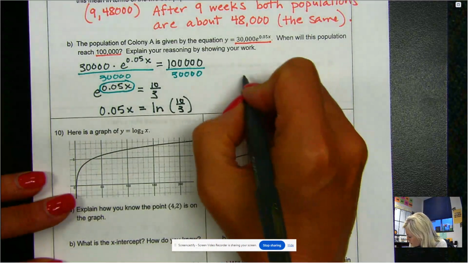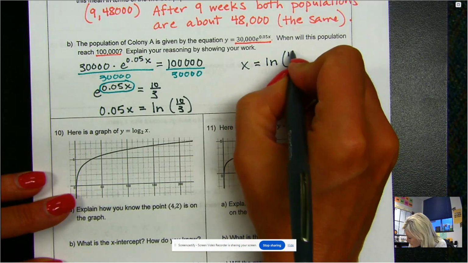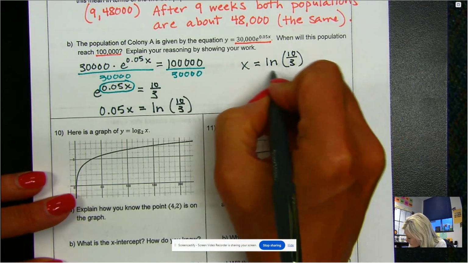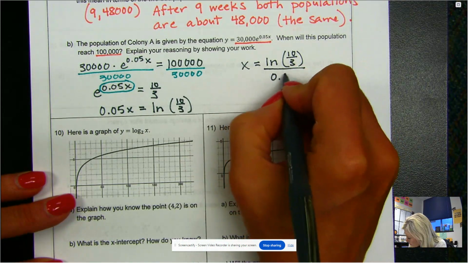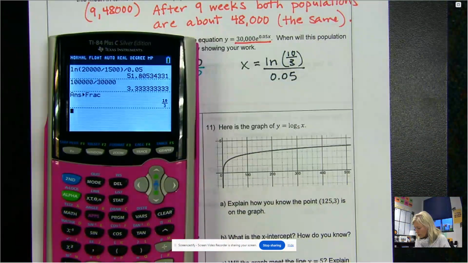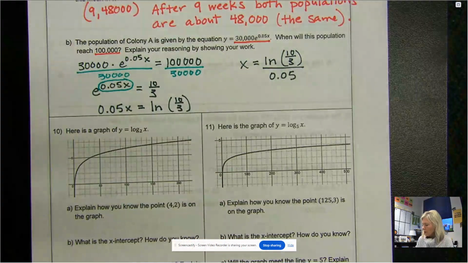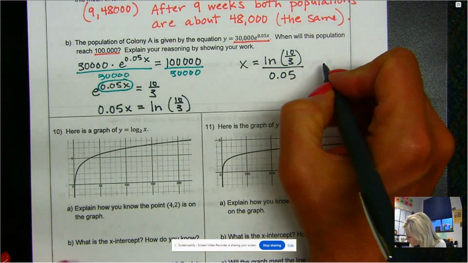Divide by the 0.05, so the natural log of 10/3 divided by 0.05. And then put that into the calculator. So the natural log of 10/3, close the parenthesis, and divide. 24.07, so about 24.1.